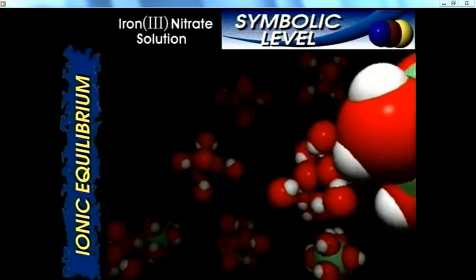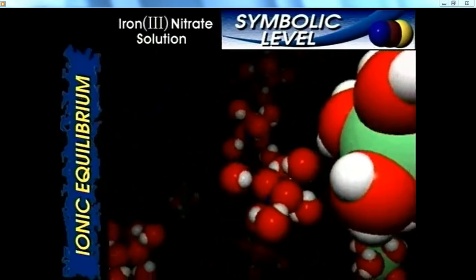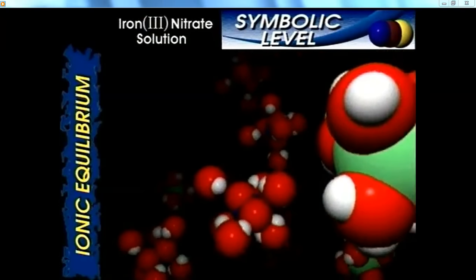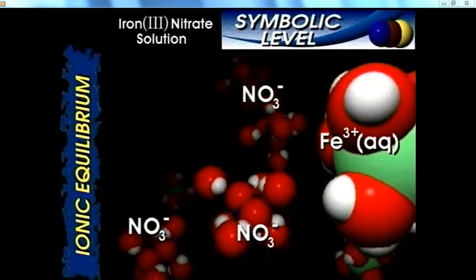For every iron 3 ion in the solution, there are 3 nitrate ions. So this must be shown in the formula representation of the solution.